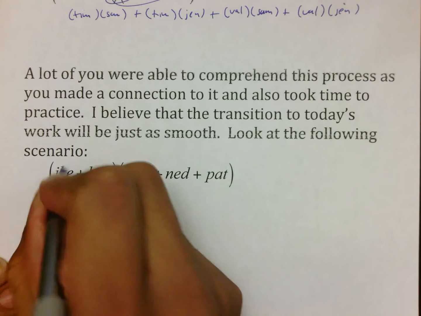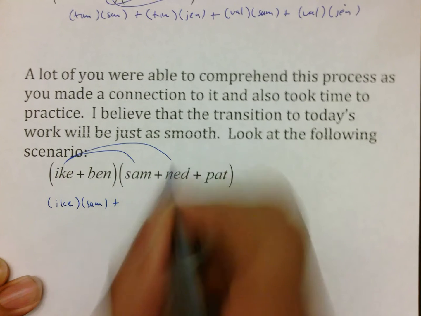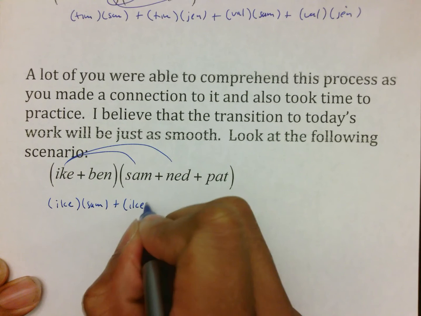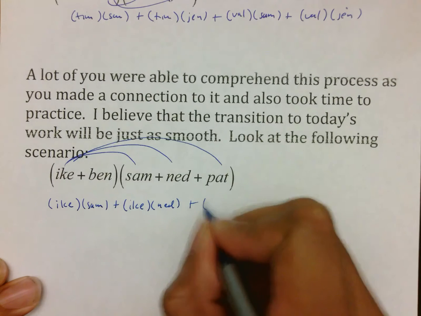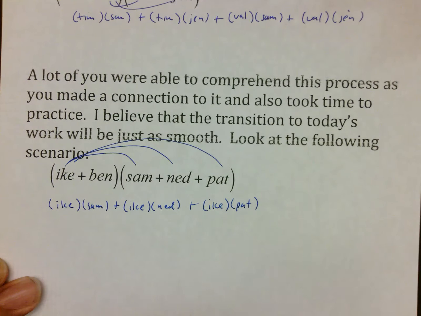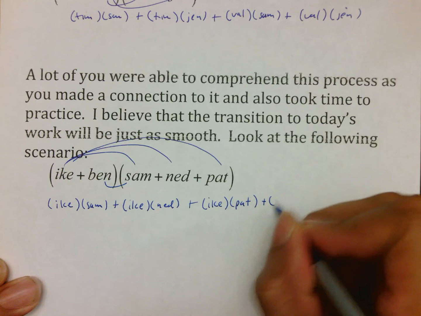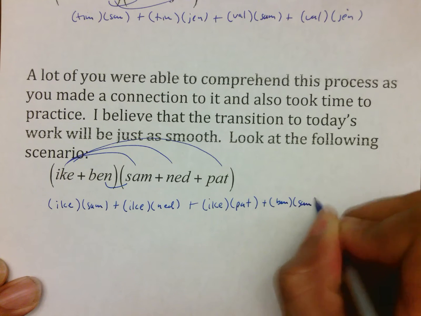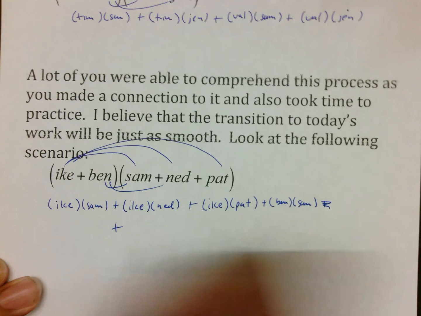In this case, Ike meets Sam, and Ike meets Ned, and Ike is also going to have to meet Pat. So there's going to be 3 handshakes before you can move on to the next person. After that, Ben meets all 3, so Ben meets Sam, and I'm just going to go ahead and move down here with that.